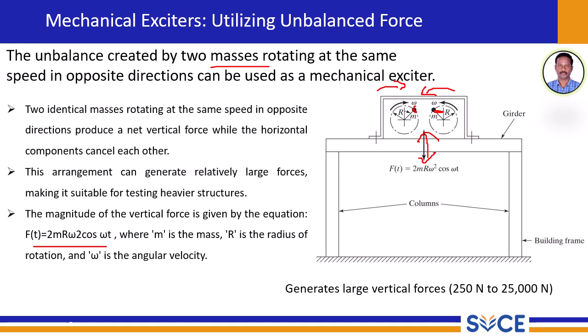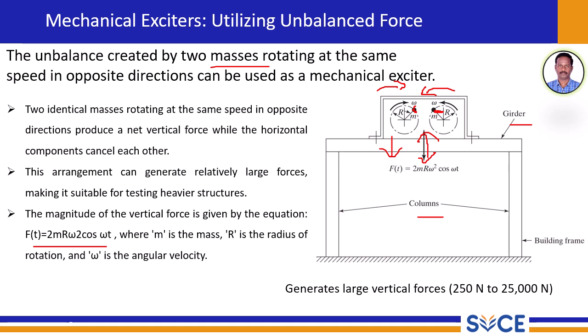The figure here shows a typical setup where two counter rotating masses are mounted on a structure. In this case, it is a building frame supported by columns and it has a girder. The generated vertical force is shown, which is acting on the girder.